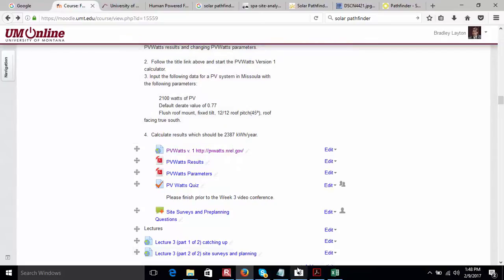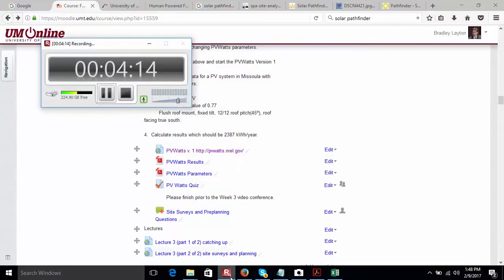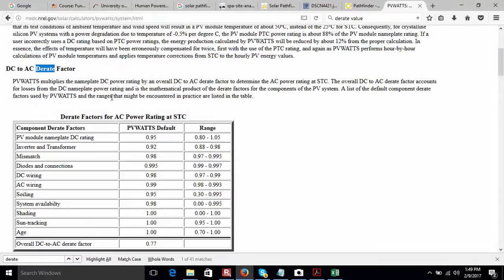Let me just take one quick little break here. So the question is, what's the derating value? It ends up being a percentage. We actually just talked about that a second ago: system availability, shading, age, etc. You can think of each one of these as an efficiency, and you multiply them together, and you get a total system efficiency.